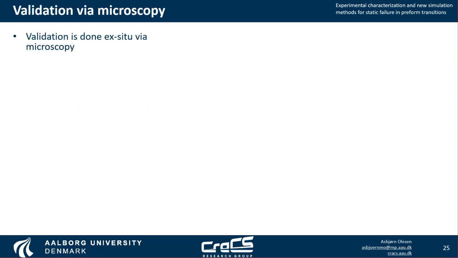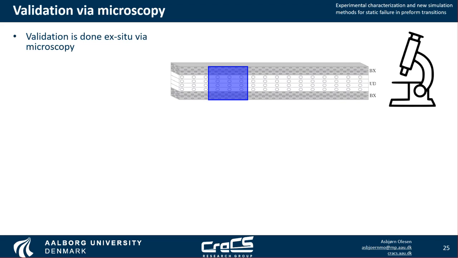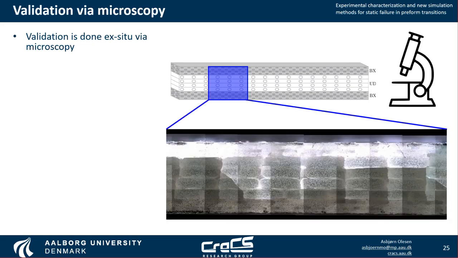We also do validation, so testing it against real experiments, real life. This is done via microscopy of our specimens after the test. So we take our specimens and with a microscope photograph the side of the specimen, so not the side we used for the front we used for matrix cracks, but the other side. And we get images such as this. The task is now to count the cracks, but as mentioned earlier, this is a subjective measure.